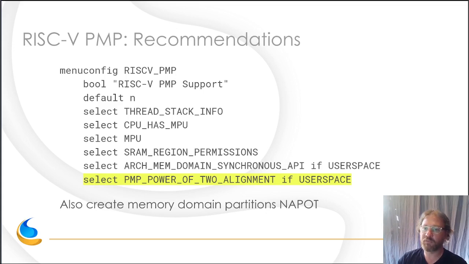Of course, you can configure this out if you like, but these are the defaults now. So once user space is enabled, the power of 2 alignment feature is enabled, so that we can maximize the number of available PMP entries.